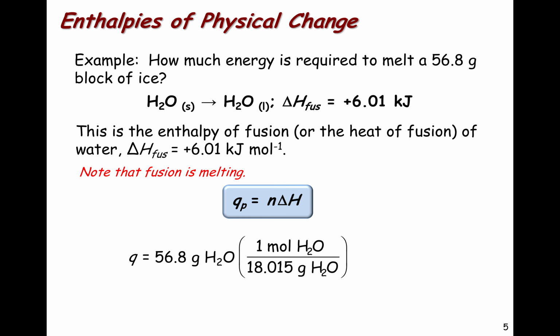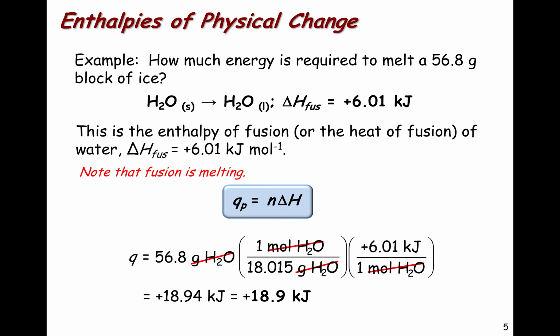So we use the molar mass of the water, and then that cancels the grams, and then we use our heat of fusion, and we write this so that the moles of the water will cancel, and in this particular case then we end up with 18.94 kilojoules, but there's only 3 significant digits, so the tenths place is not rounded up, and so our final answer is 18.9 kilojoules.